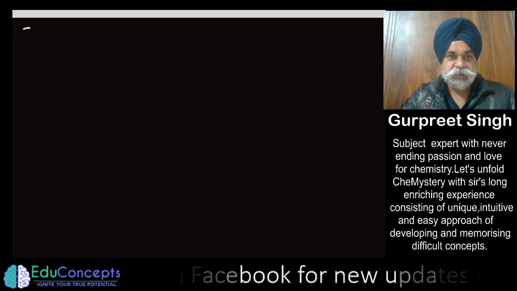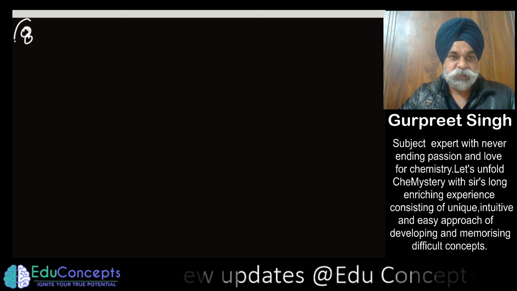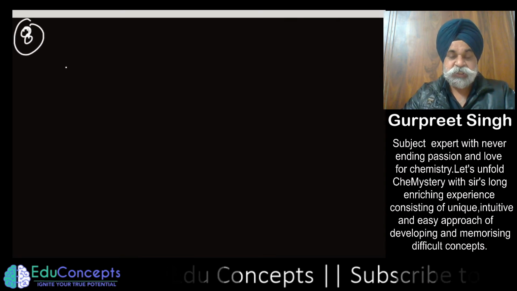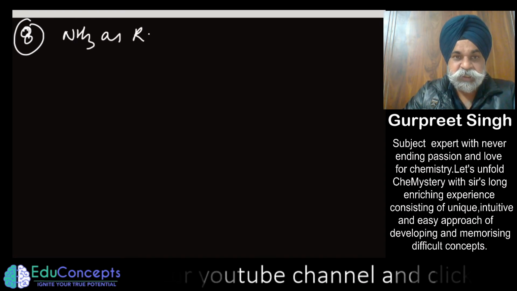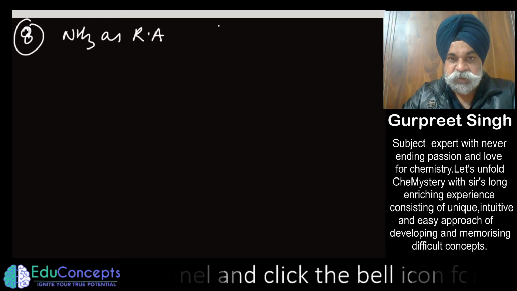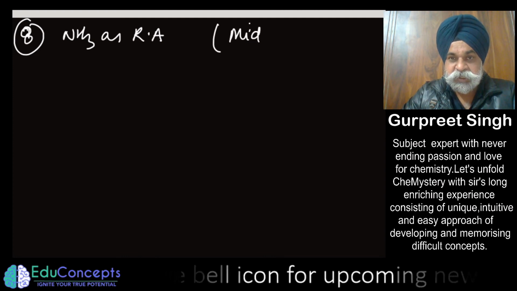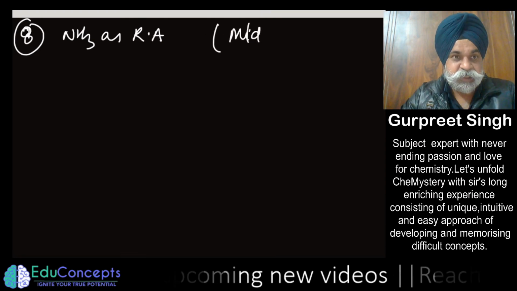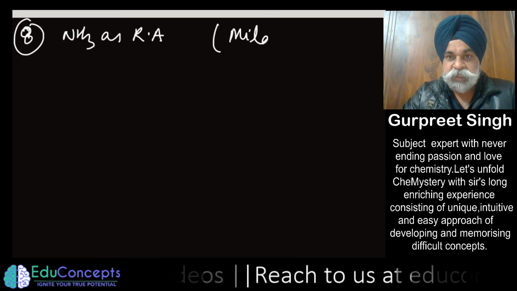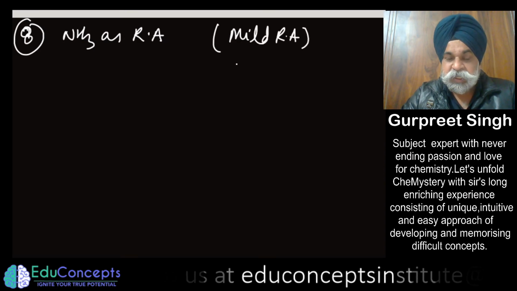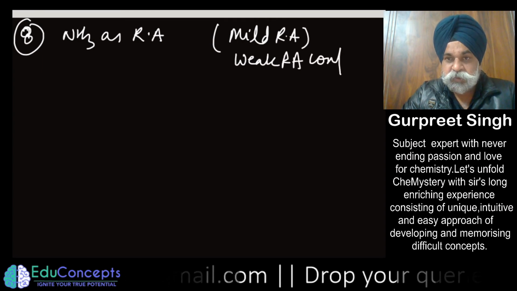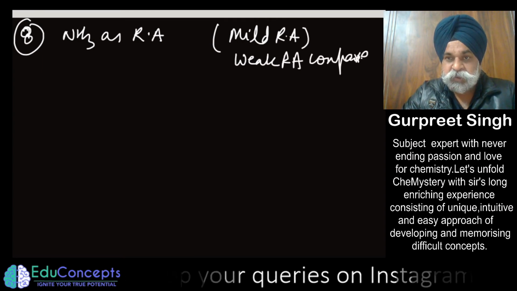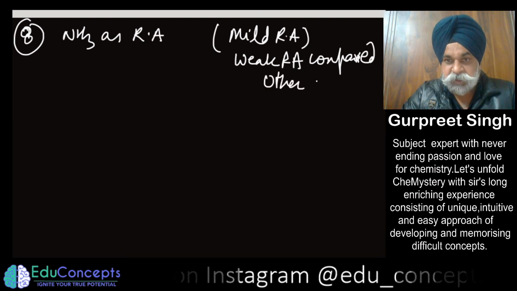Now moving on to the eighth reaction, which is quite an important one: ammonia as a reducing agent. Ammonia is a mild, weak reducing agent compared to other hydrides of this family.